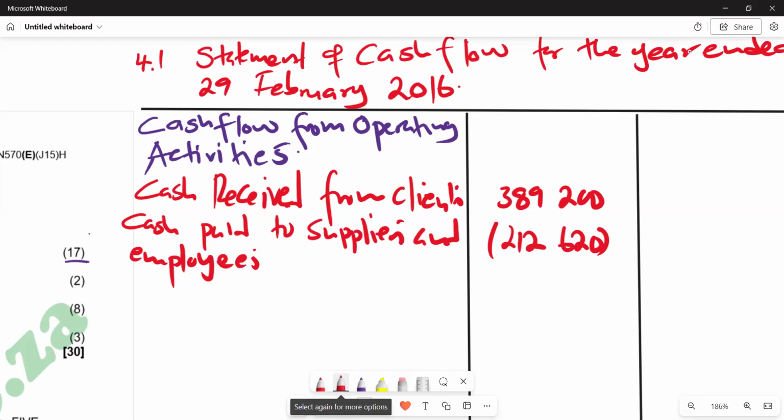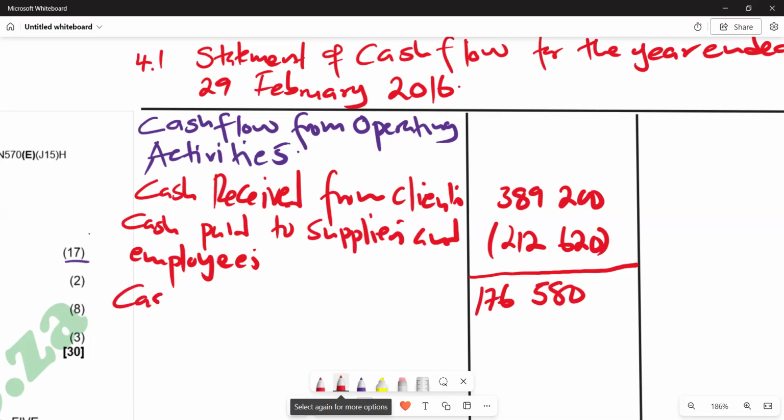So I'm going to say 389,200 minus 212,620, and then the figure that we are going to get here. So you can just maybe try to put a line so that we are subtracting them. So the answer that we're supposed to get there is 176,580. And the description of this figure is cash generated from operations.